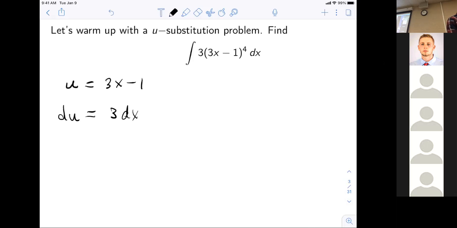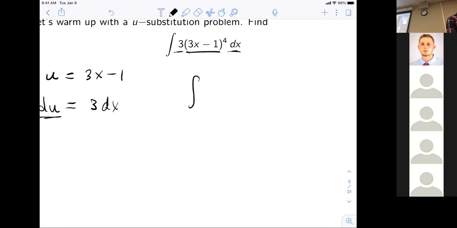So this is u to the fourth, 3 dx. Well, that's du. Not a whole lot we need to do extra here. So this is equal to the integral of u to the fourth times 3 dx, and again, that's du.